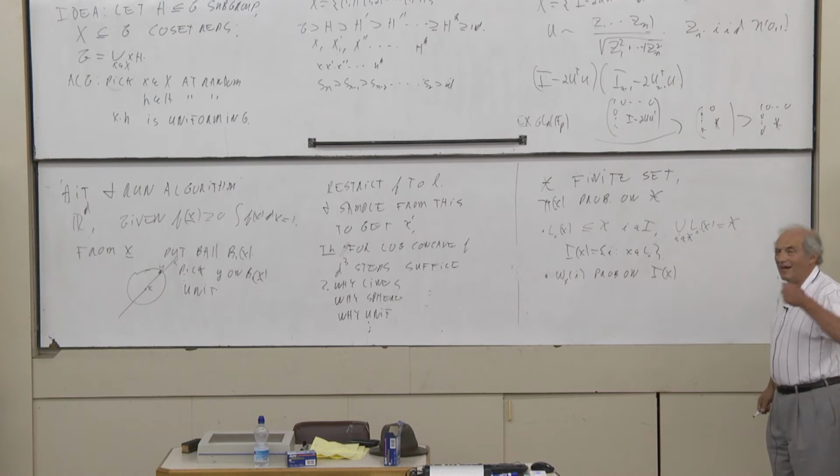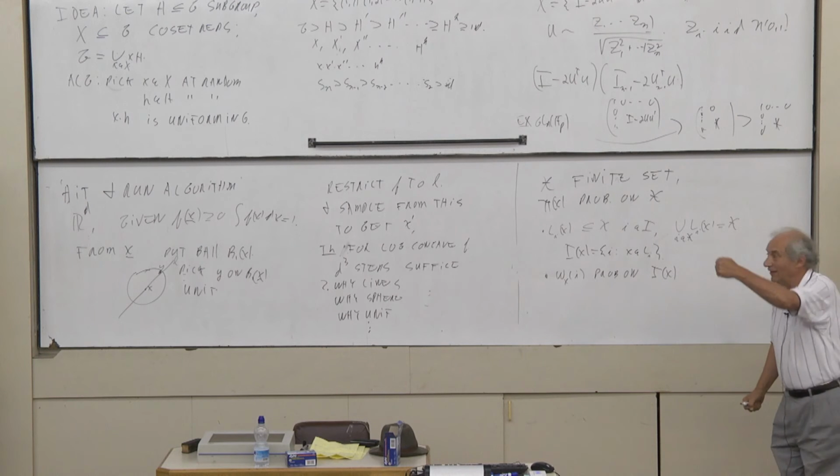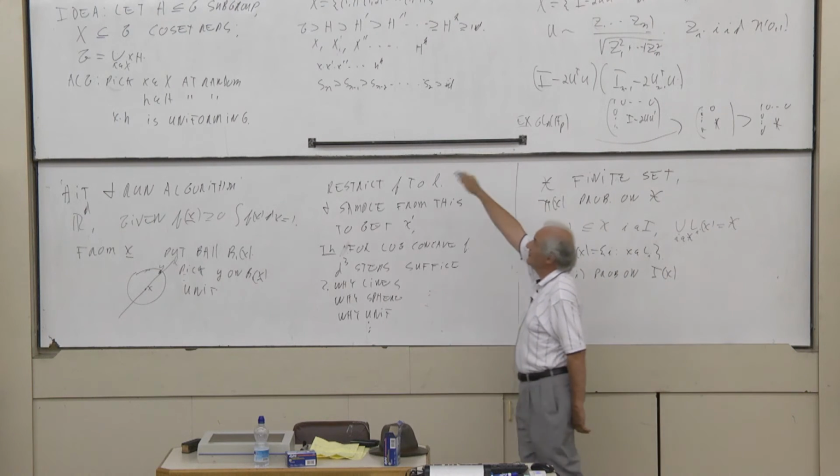And then I need a way of moving on the line, and it's going to be the analog of this restriction.